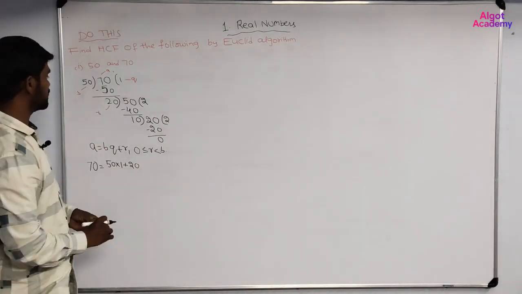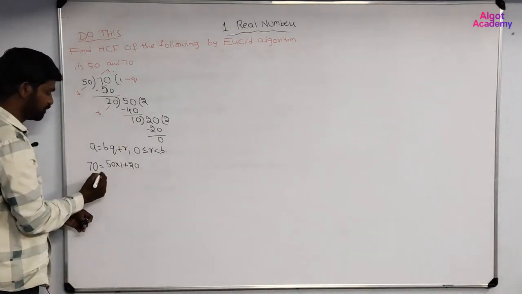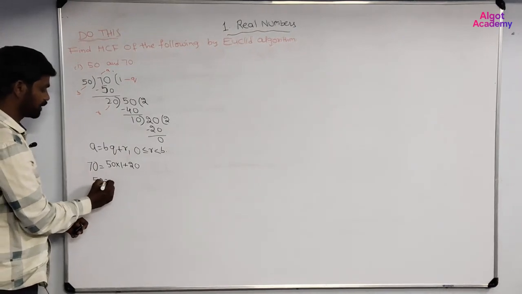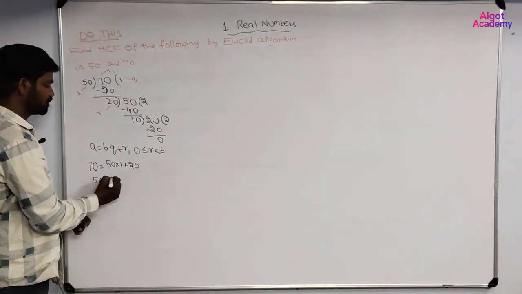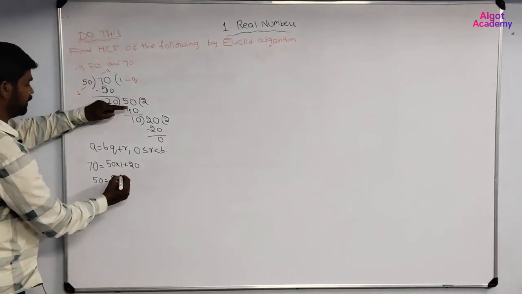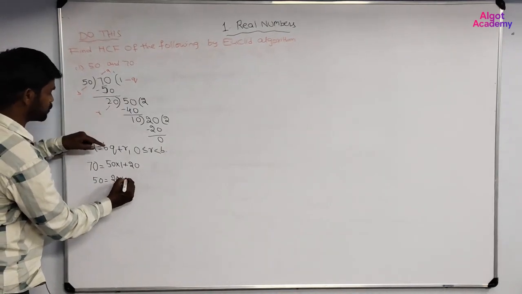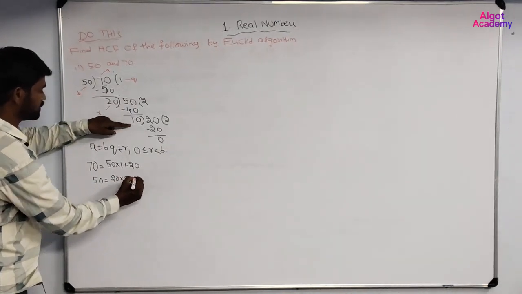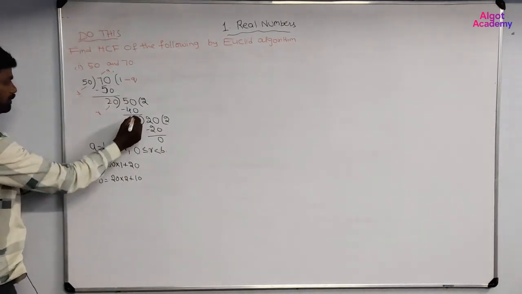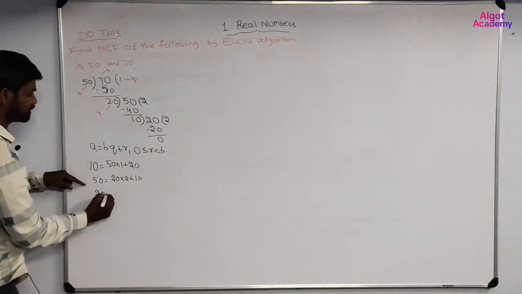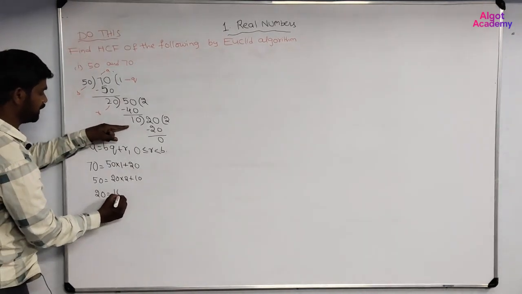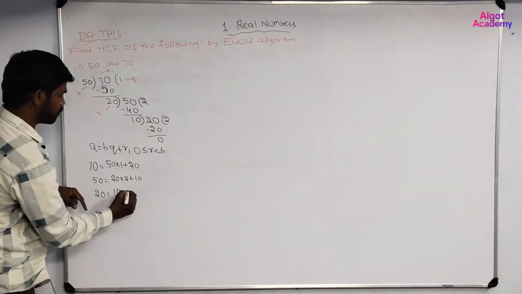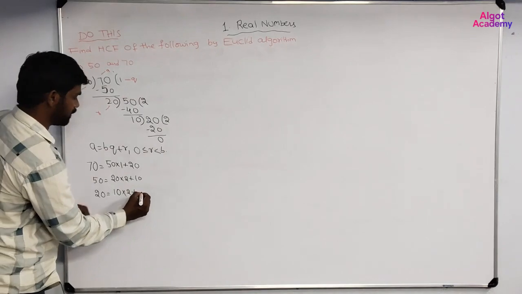In the next step, what is a? a is 50 is equal to, and b is 20, 20 into quotient 2 plus the remainder 10. Next, 20 is a, and b is 10, into quotient 2 plus the remainder 0.